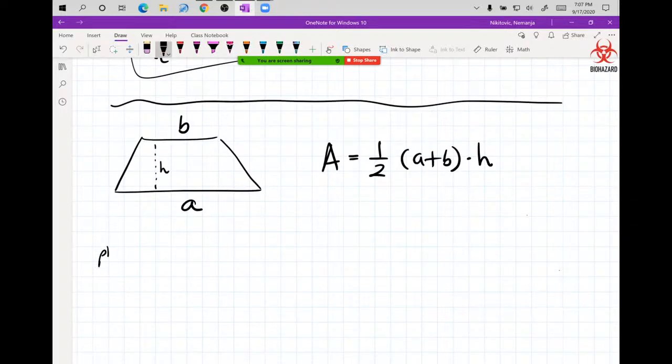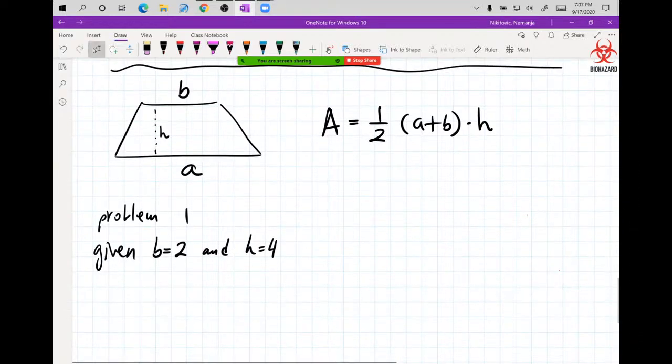So I say problem 1, given B equals 2 and h equals 4, compute, oh, I also need area.